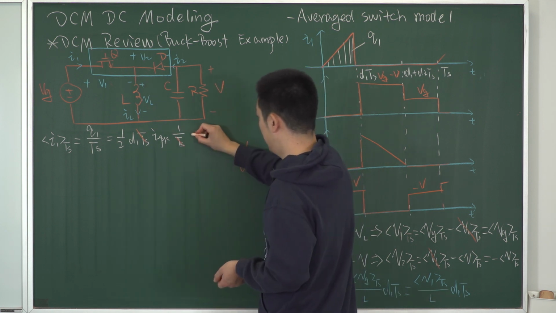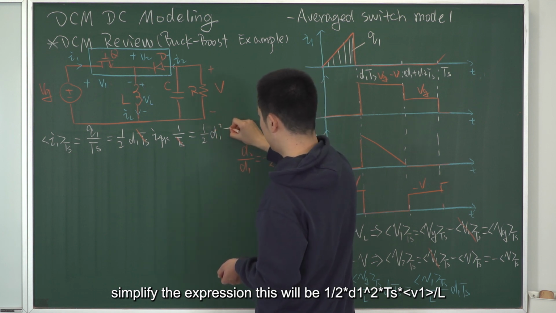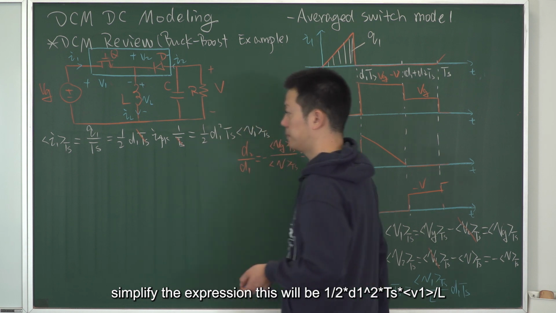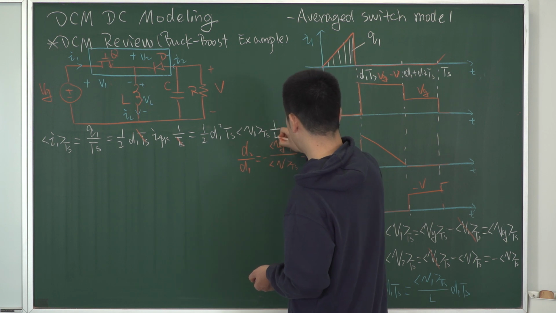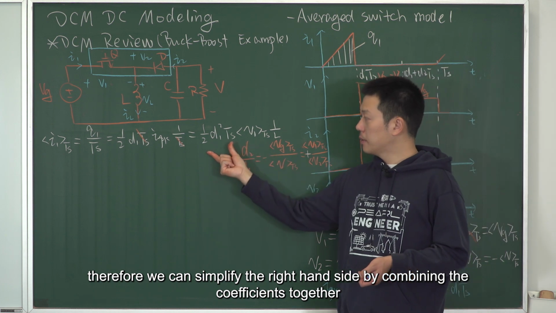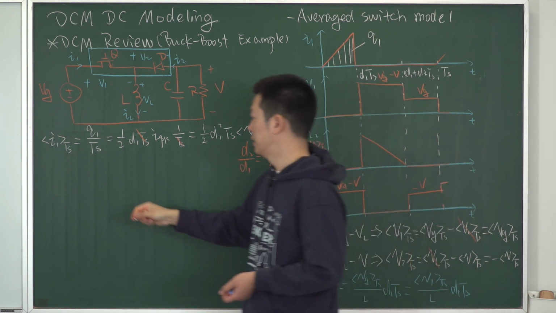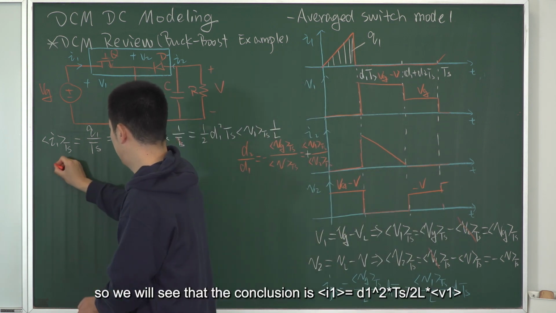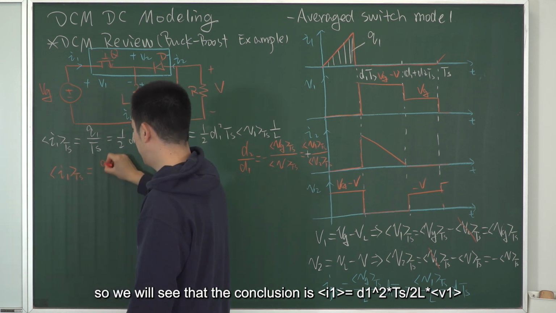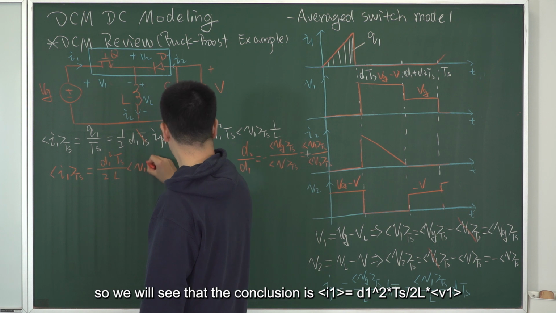So we can simplify the expression. This will be 1 over 2 D1 squared TS times V1 average over L. Therefore, by combining the coefficients together, the conclusion is that I1 average equals D1 squared TS over 2L times V1 average.